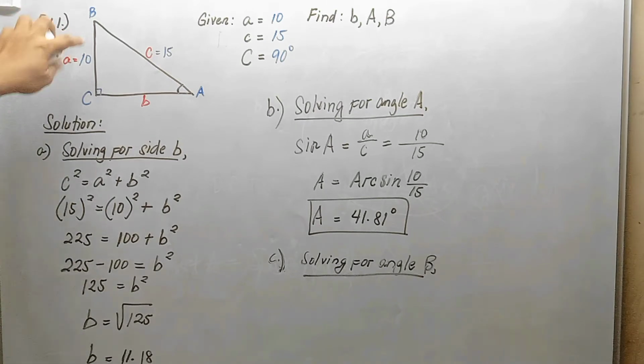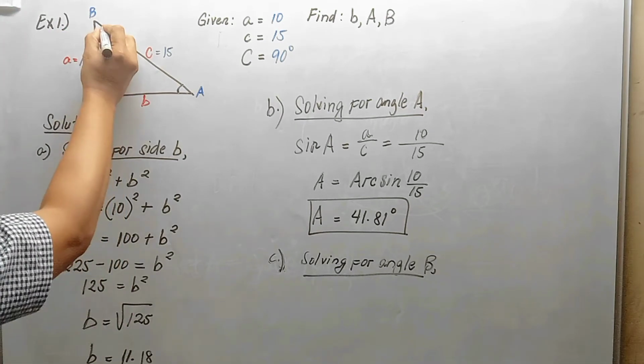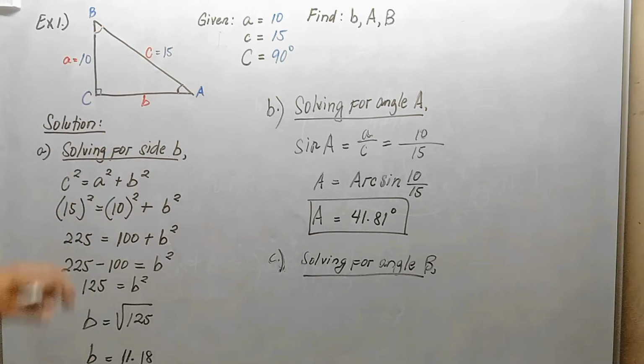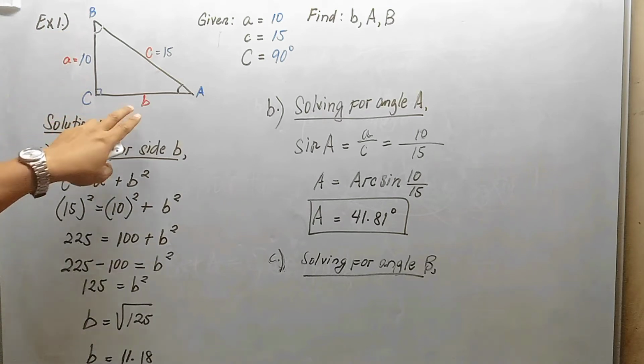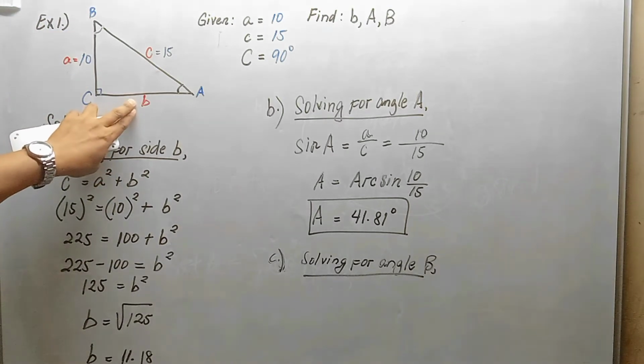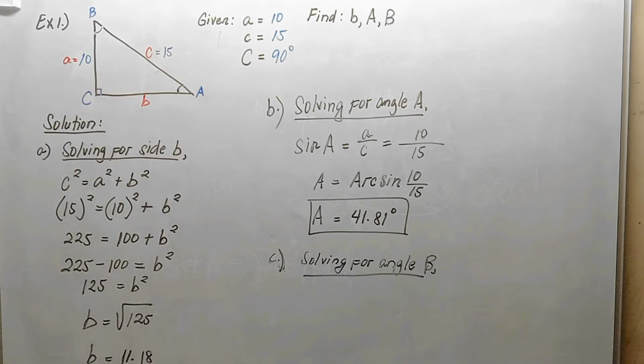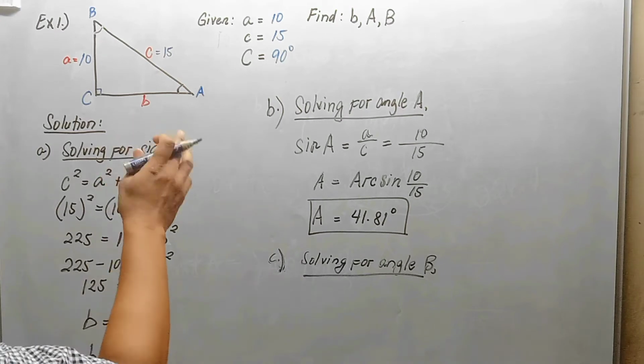If you want to know this angle, how much? By using trigonometric function, you have the value of B. You can use either sine or cosine. Now we will use the second one, the cosine function.